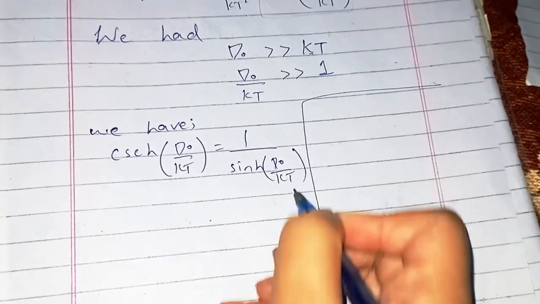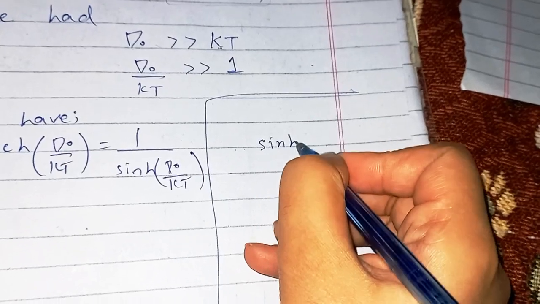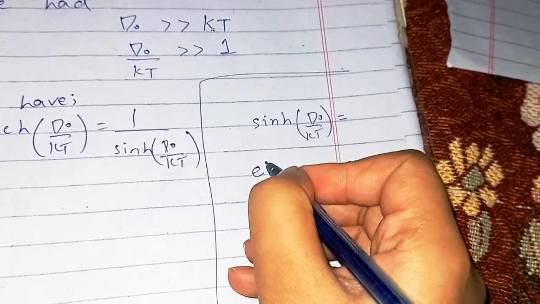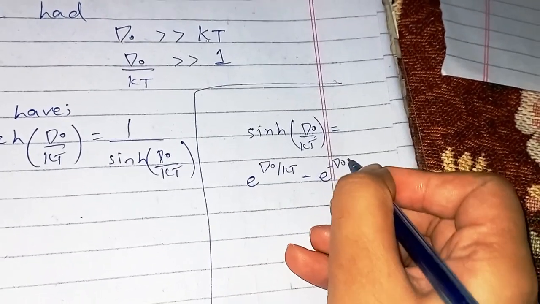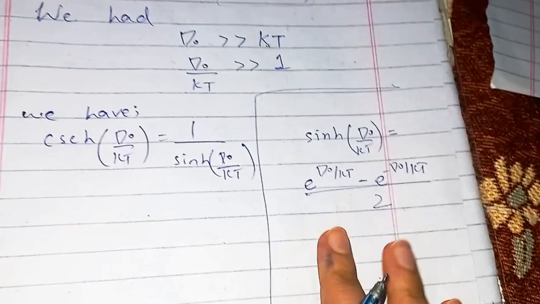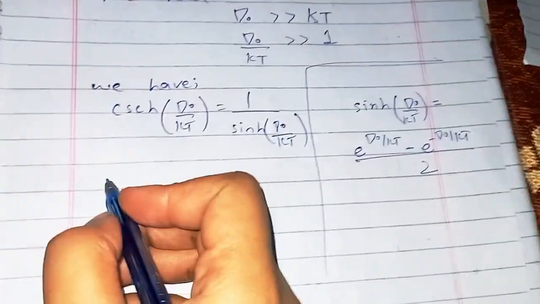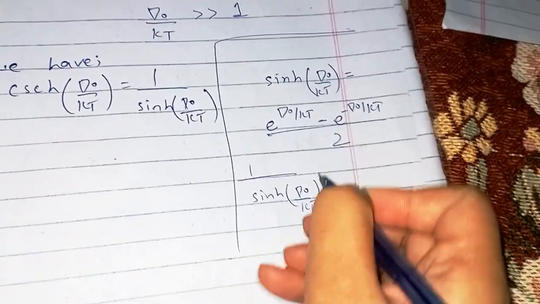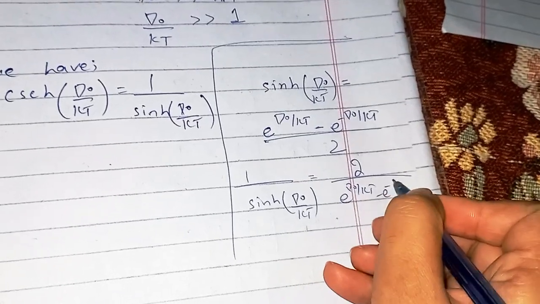We know that cosecant is the inverse of sine, and we know that sine hyperbolic of delta naught by kt equals e to the power positive delta naught by kt minus e to the power negative delta naught by kt, divided by 2. Since it's 1 over this, 1 over sine hyperbolic of delta naught by kt would be equal to 2 over e to the power delta naught by kt minus e to the power minus delta naught by kt. So we can write this right here.